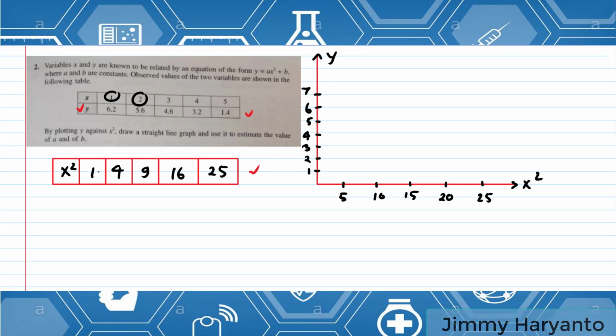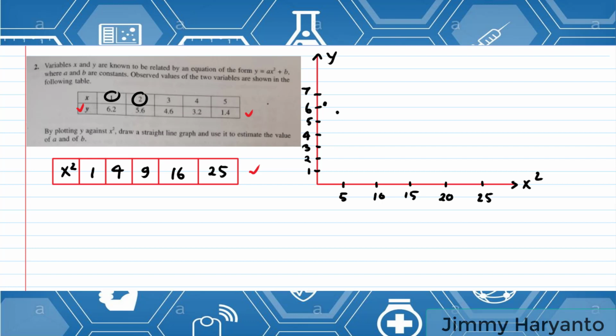The first is 1, 6.2. It will be right here, the first one. And then the second one is 4, 5.6. It's right here.